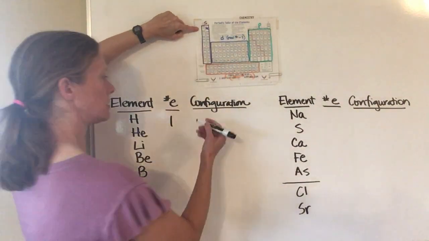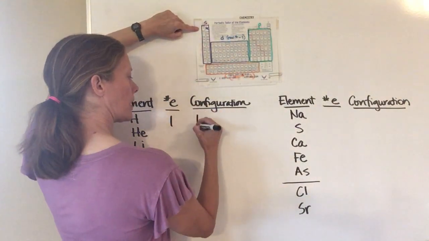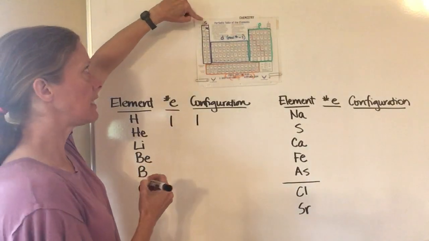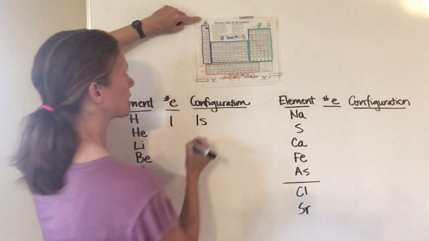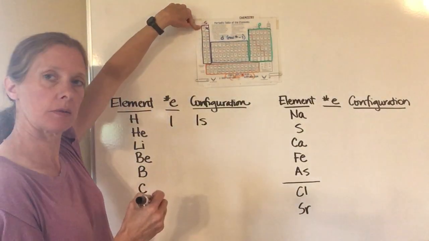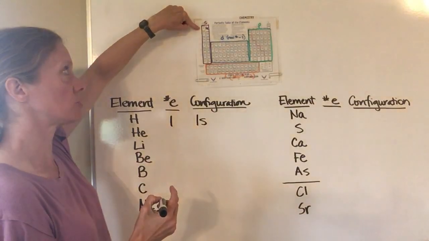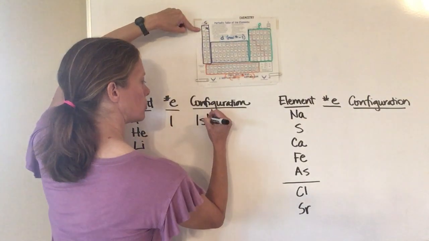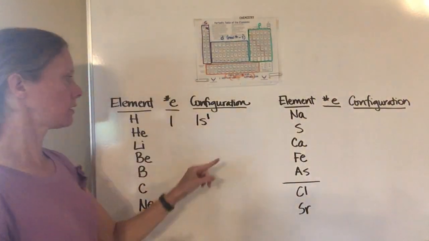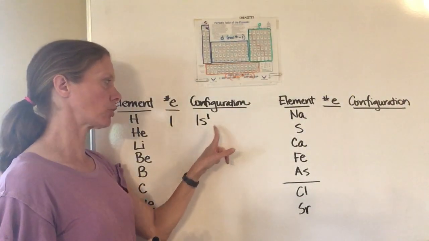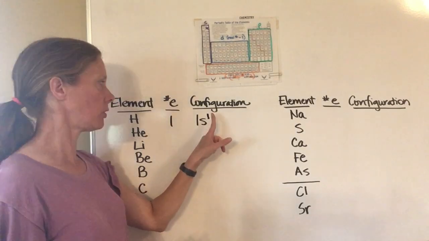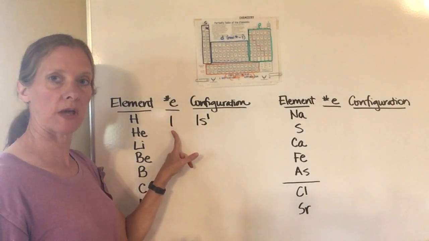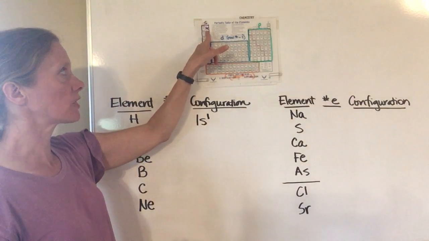So for hydrogen, it's in row 1, which is energy level 1. It's in the S block, and it's in the first column. So that means there's just going to be 1 electron in the S orbital. So you have 1s1. Energy level 1, S orbital, 1 electron in that orbital, which makes sense because I have 1 electron total.